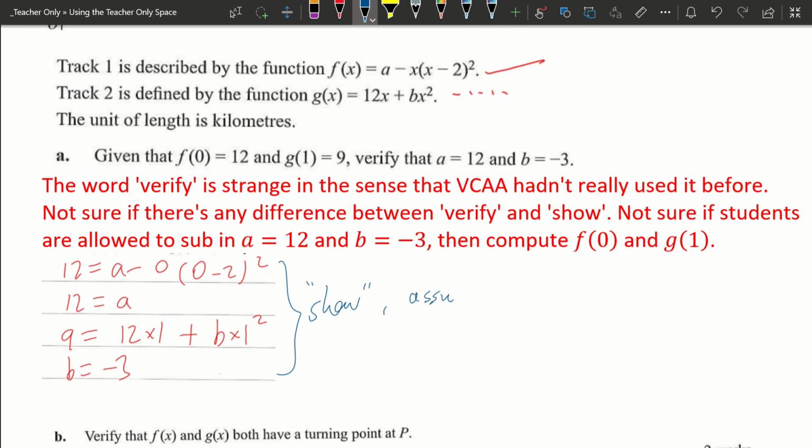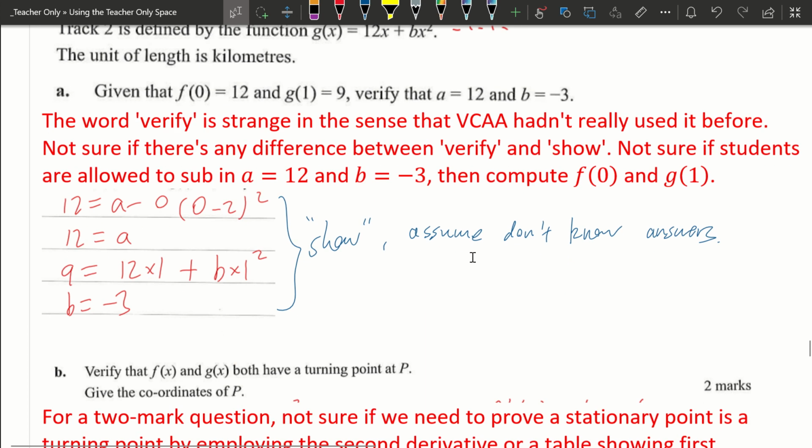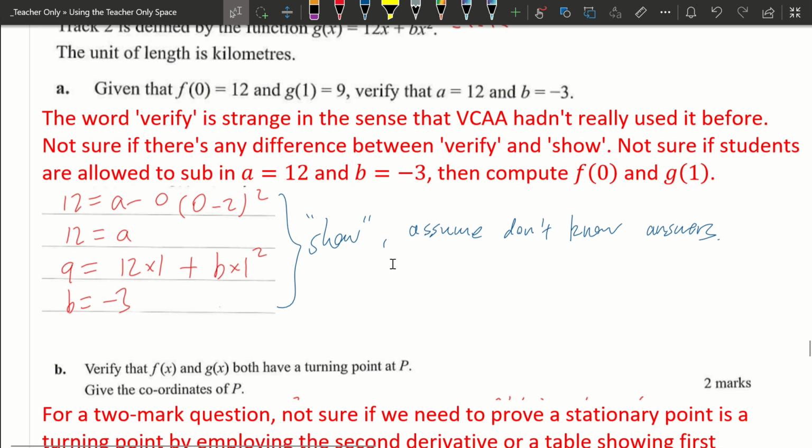So assume I don't know the answer. There are two answers here, so I use the plural. But then again, I really do not know what verify means and what difference it has with the word show.